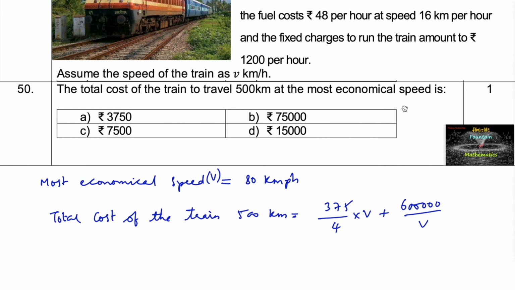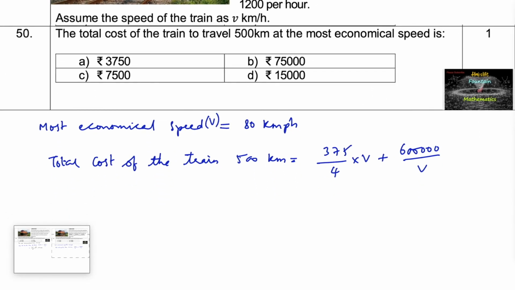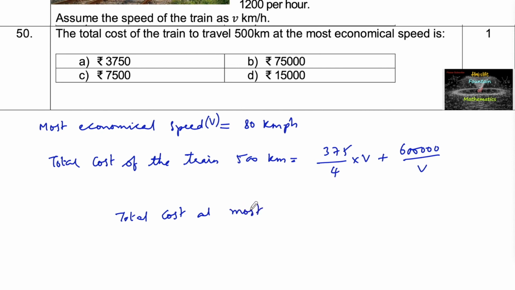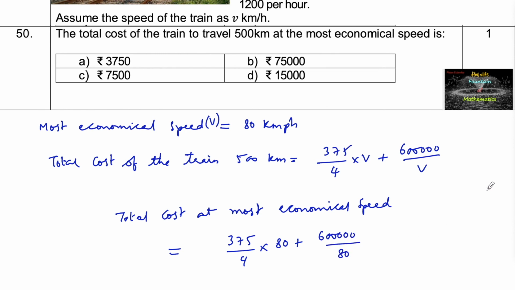Now at most economical speed, total cost is equal to 375 upon 4 into 80 plus 6 lakhs upon 80.